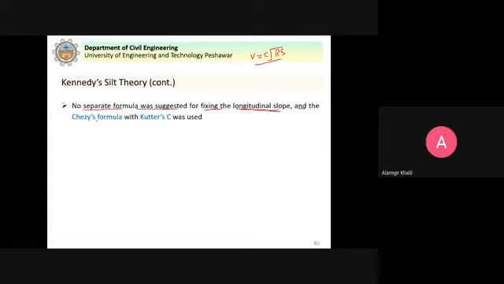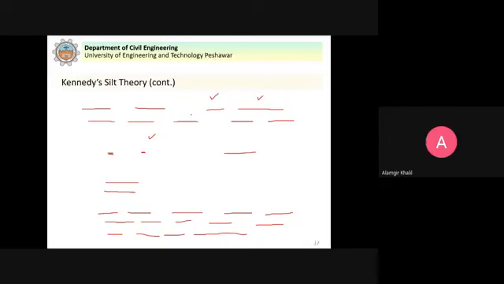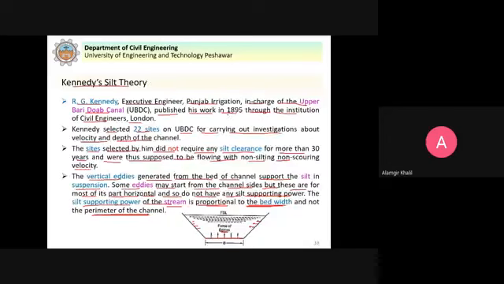And the Chezy formula and Cutter formula, to determine the C in the Chezy formula, these equations were used, because those equations were available to him in 1895 when Kennedy developed his equations.